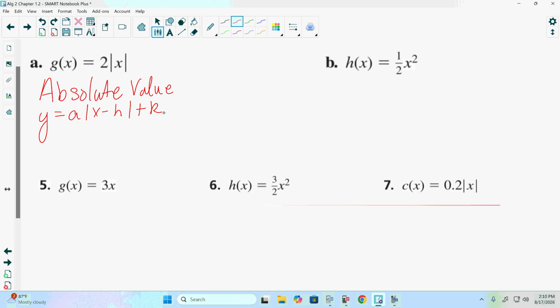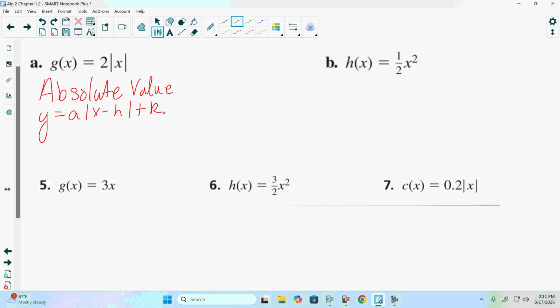No, even though we do have a 2 there, because that 2 is not negative, there is no reflection. It's only a reflection if the 2 is negative. But the 2 tells us something else. We have a vertical stretch or shrink. It's dependent on what a is. If a is between 0 and 1, it's a shrink.